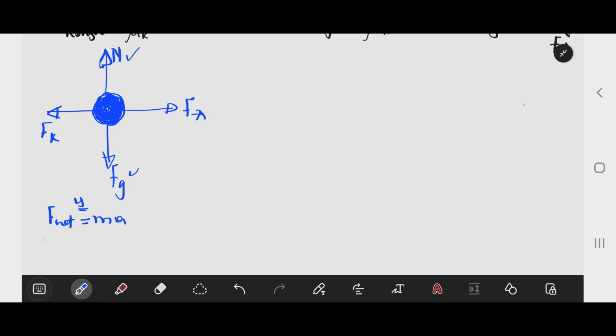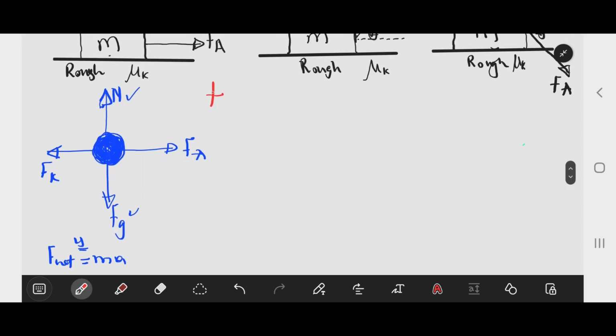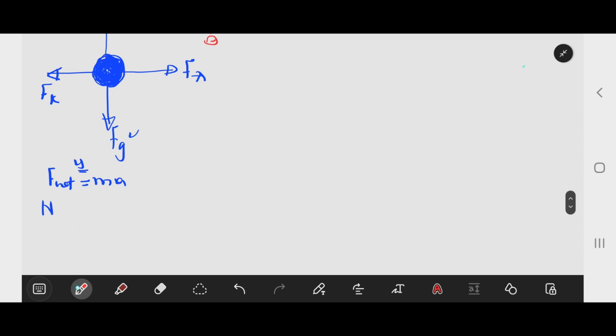Okay, so normal force is positive because it is pointing upwards, right? Because we choose our system of axes to be upward as positive and downwards as negative. So in this case the normal force will be positive and Fg would be negative.